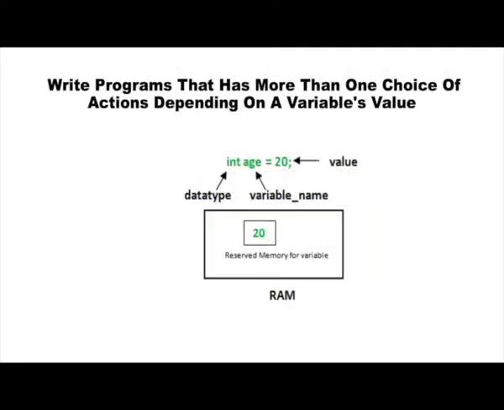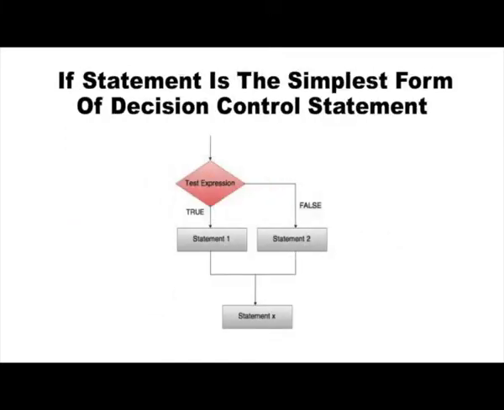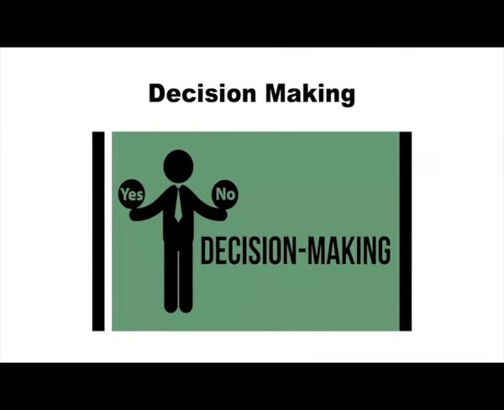We can write programs that have more than one choice of actions depending upon a variable's value. Perhaps the most well-known statement type is the if statement. The if statement is the simplest form of decision control statement that is frequently used in decision making.